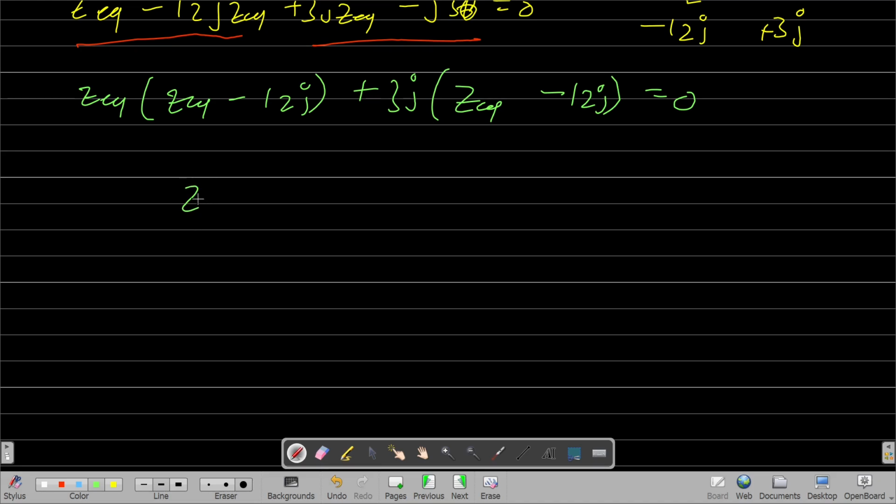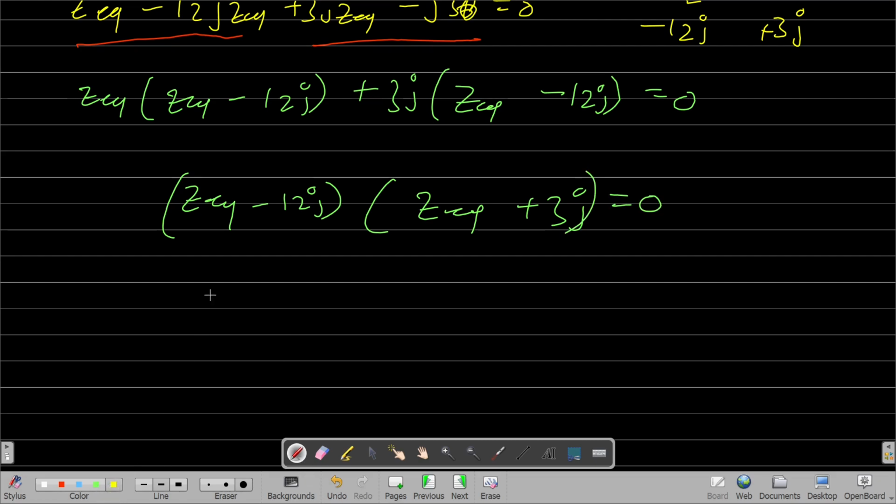So we get Z equivalent minus 12J, and Z equivalent plus 3J equals 0.